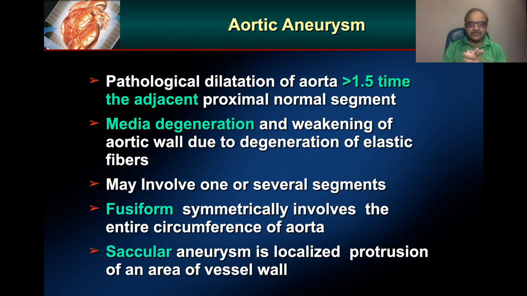And this condition is mainly due to medial degeneration and also degeneration of elastic fibers of the aortic wall, and it may involve one segment or several segments of aorta. The aortic aneurysms are fusiform in shape or they are saccular in shape.